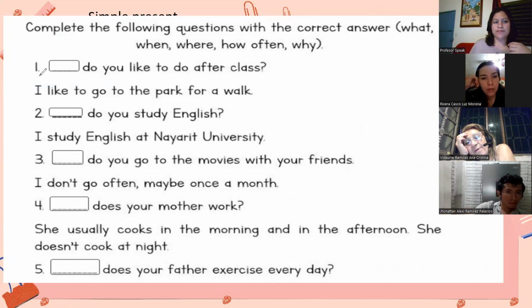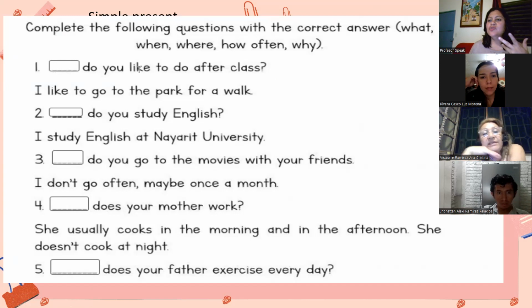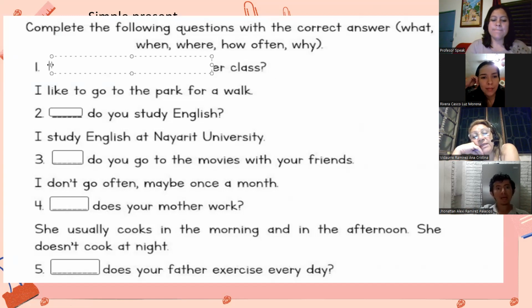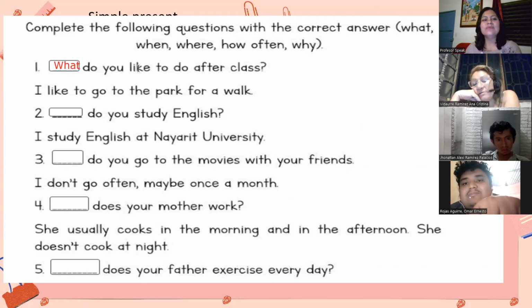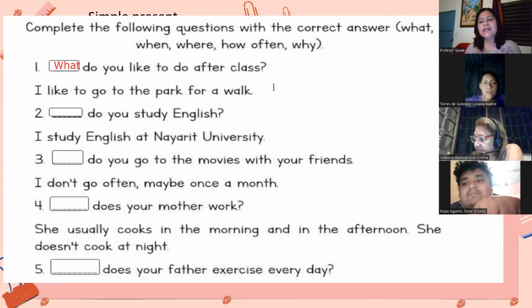When. When es cuando. Y esto dice si le gusta. ¿Qué te gusta? What do you like? Es como, ¿qué te gusta hacer después de clase? What do you like to do after class?